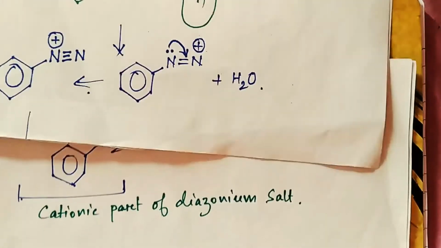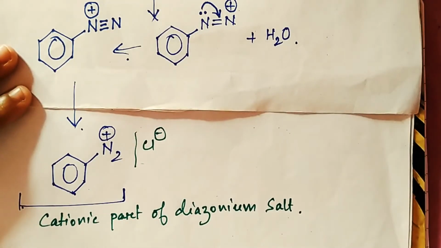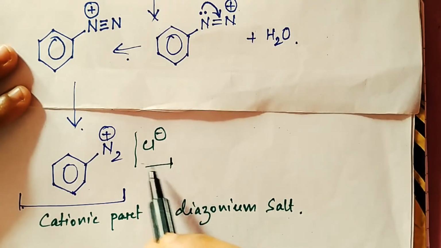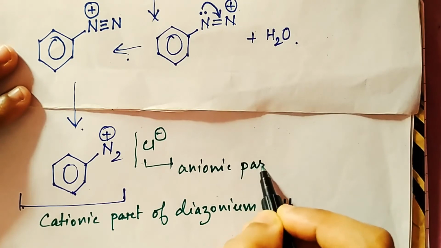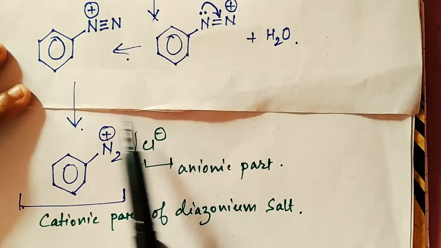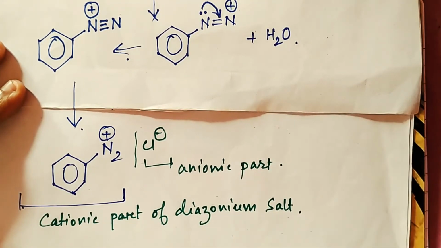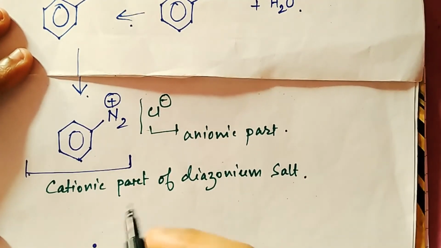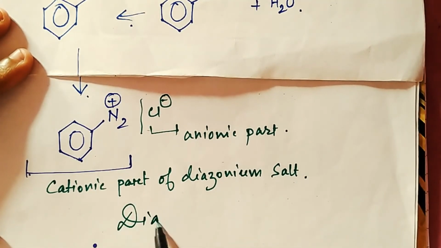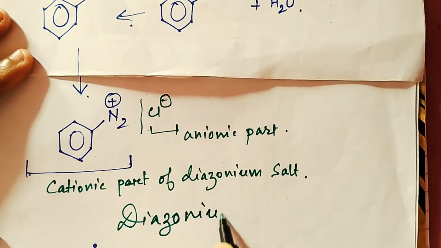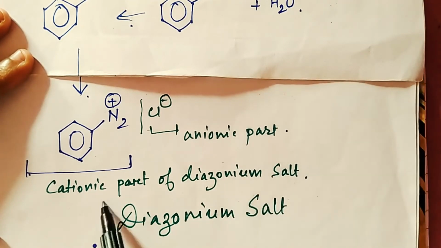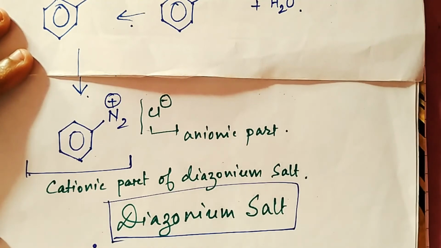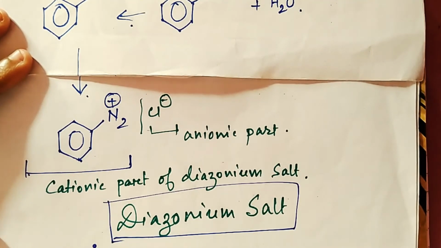So this is the anionic part, and the whole compound is known as diazonium salt. So in this way you can prepare the diazonium salt.